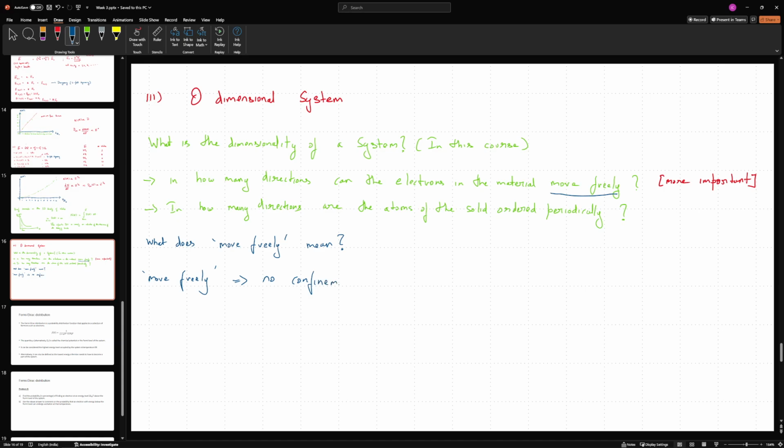Now, we have established that confinement implies quantization.